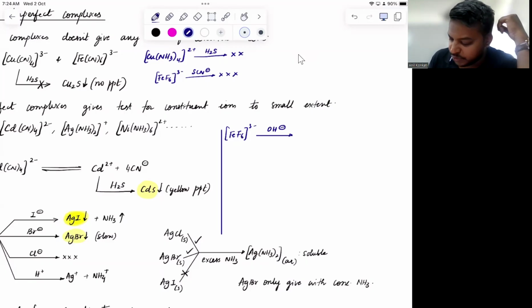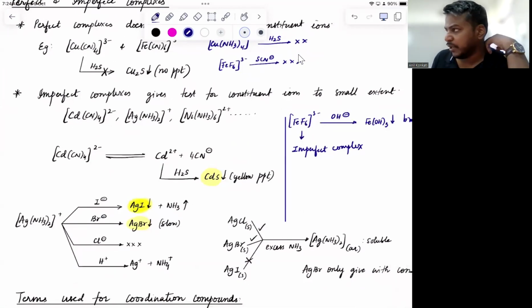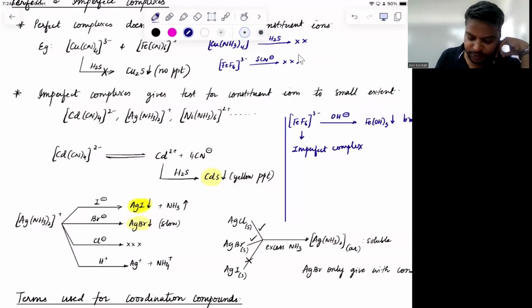But if you add OH-, it will convert into a brown color precipitate, which suggests that in this case it is acting like an imperfect complex. So perfect and imperfect depends on the solution you are adding. In some solutions it may be perfect, in some it may be imperfect. Clear?